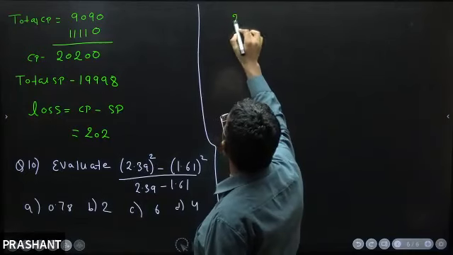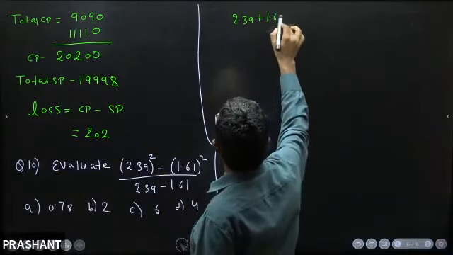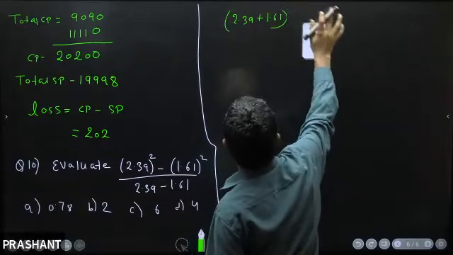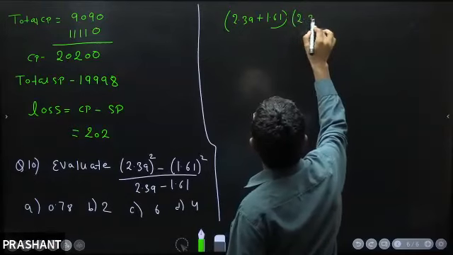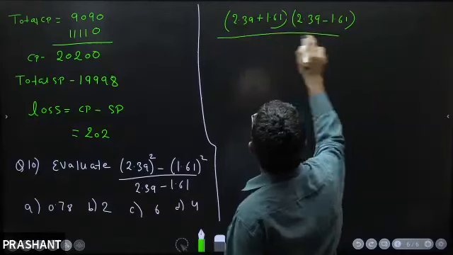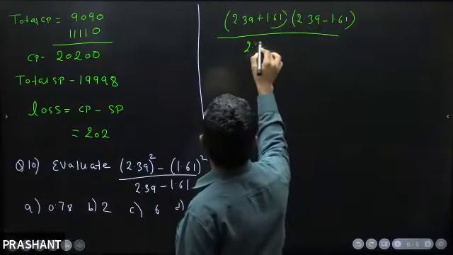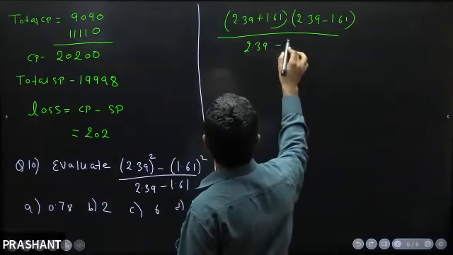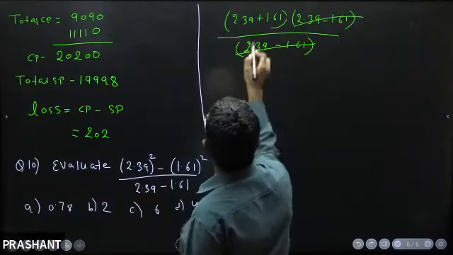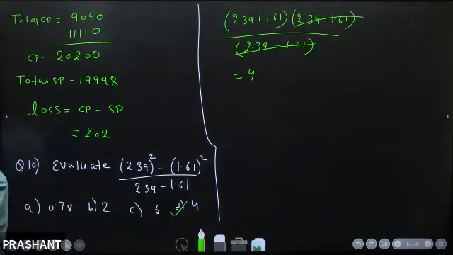So that is 2.39 plus 1.61, a plus b, and you have 2.39 minus 1.61, a minus b, correct? और denominator में already we have 2.39 minus 1.61, correct? So ये वाला पूरा cancel हो गया. So the addition of these two is 4. ठीक है?